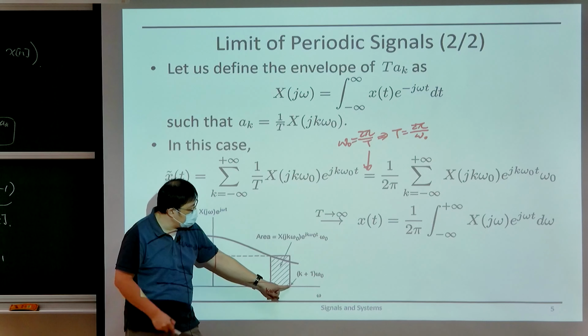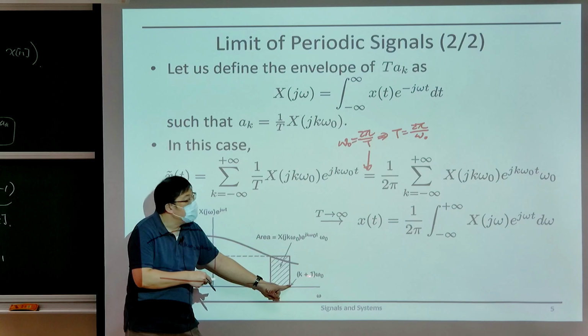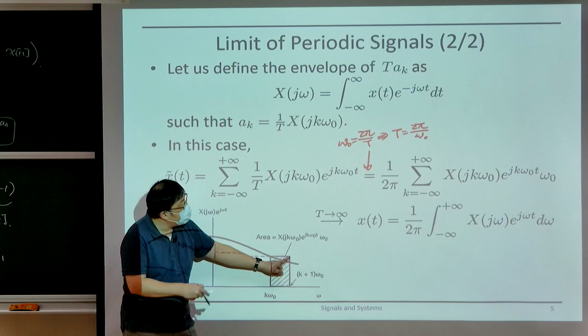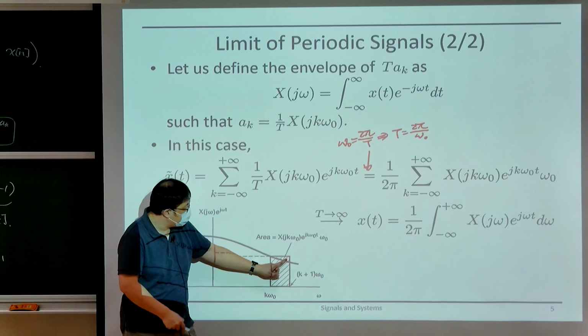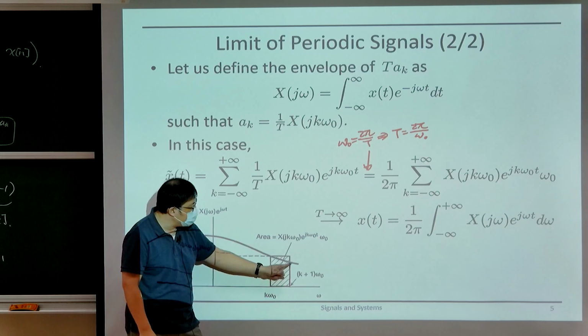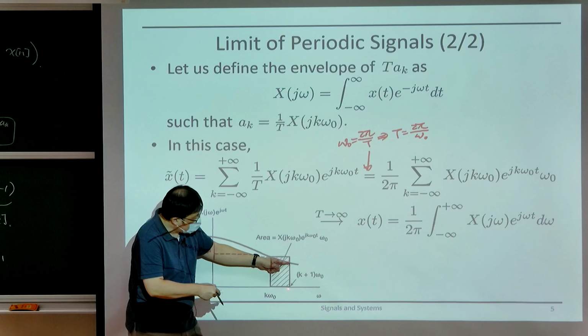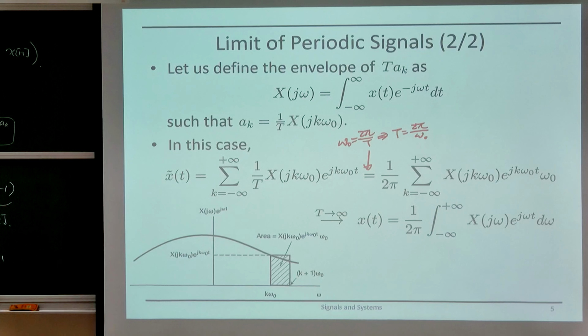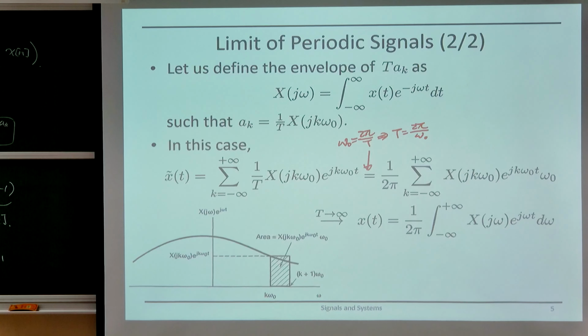So this is for k. If you go on and look at k plus 1, this will give you the value of the function at k plus 1 omega naught, times omega naught, which will give you the area of the square over there. So for k plus 1, you get this area here.